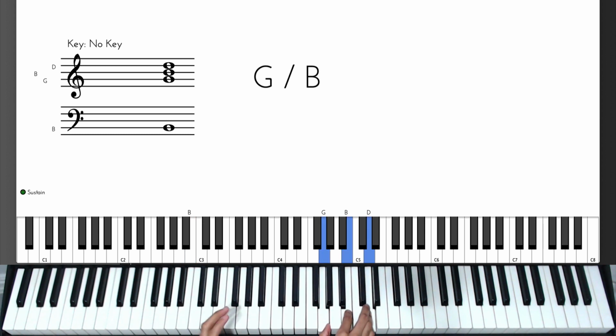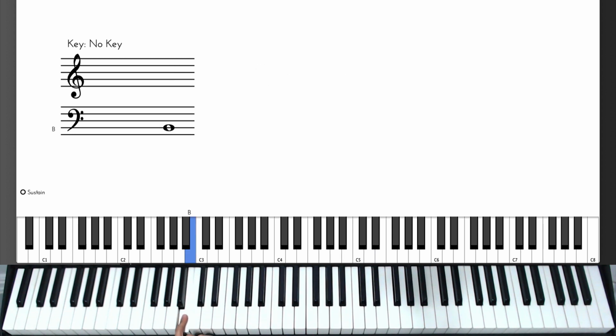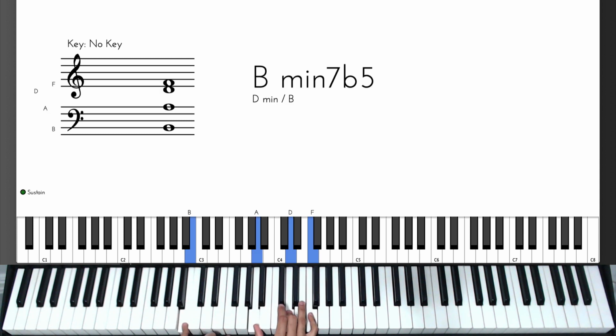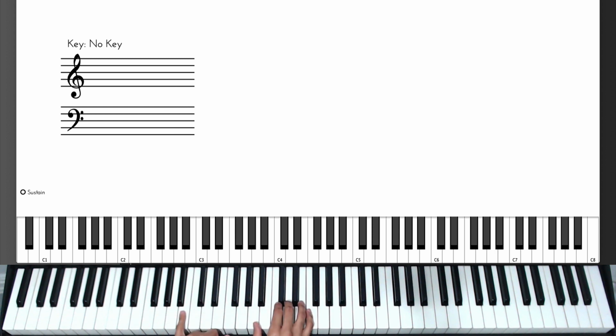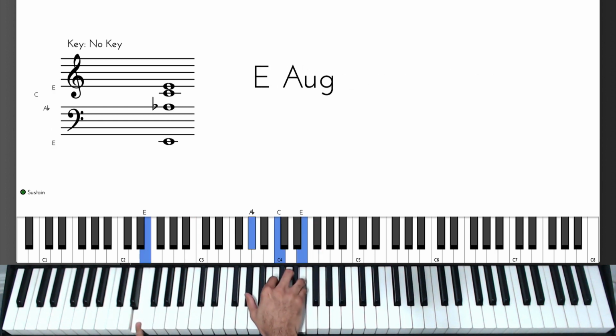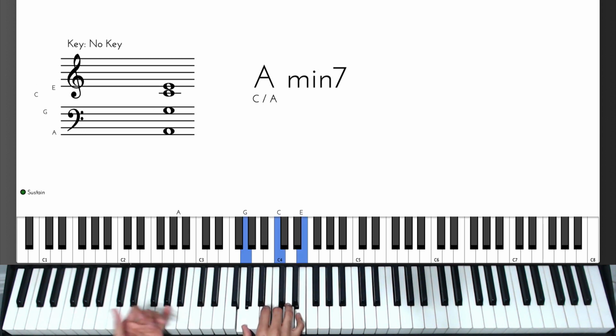Now, if you want, it depends on the song obviously, but if you're on that 7, which is B, you can play D minor, and that gives you a B minor 7 flat 5. And this is usually used in a 7-3-6 progression, which would be something like that, right?